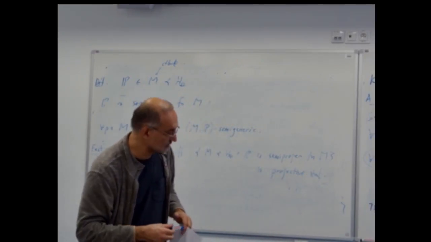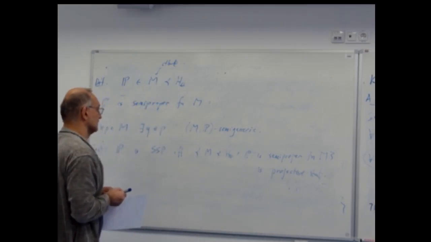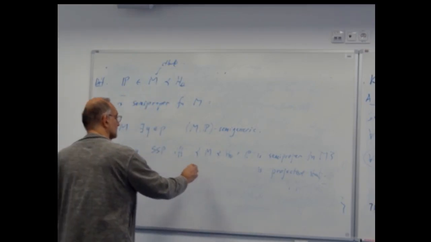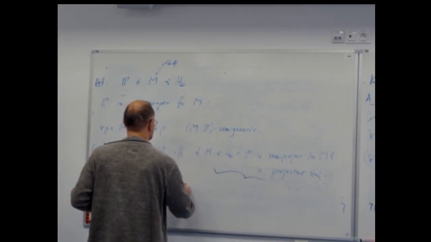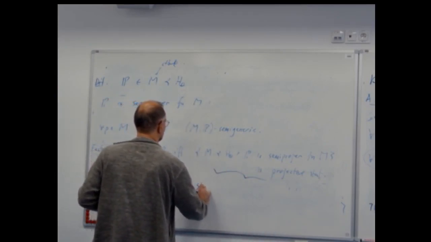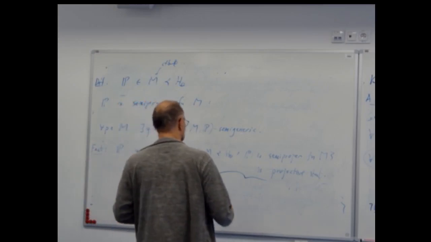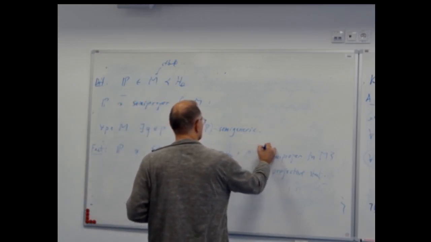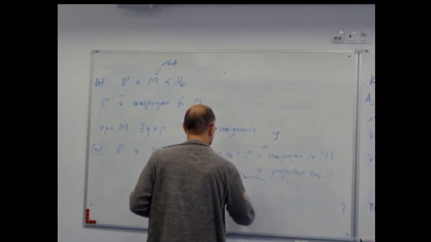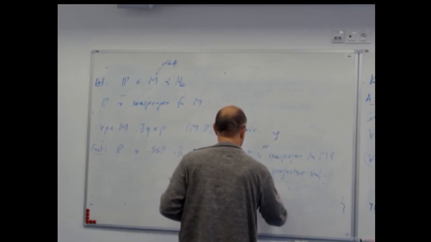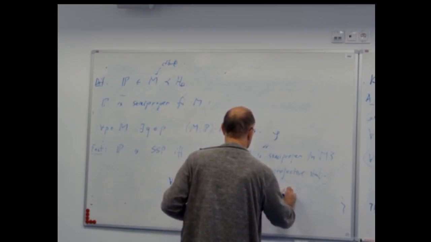I'm burning these pens very fast. This means for every stationary subset S of omega 1, the set of N in that collection such that N intersection omega 1 is in S is stationary.